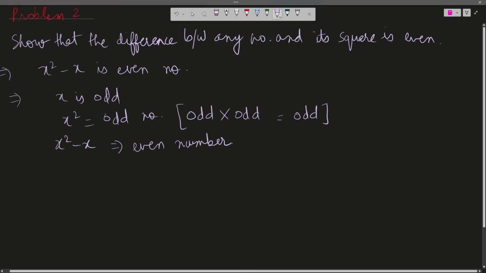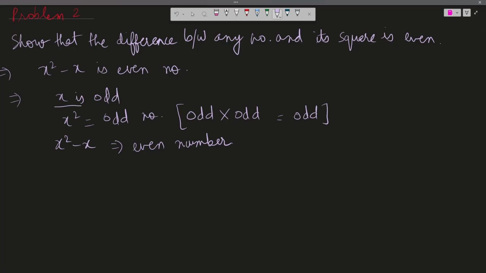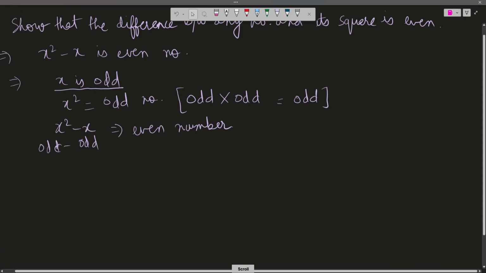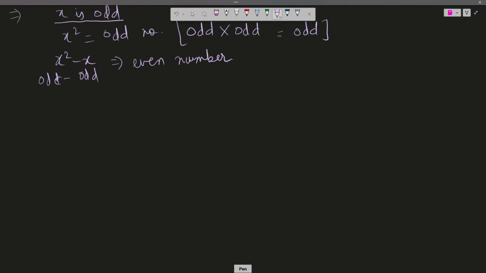So we can say that if x is odd, then x square will also be odd, and x square minus x will be an even number, right?